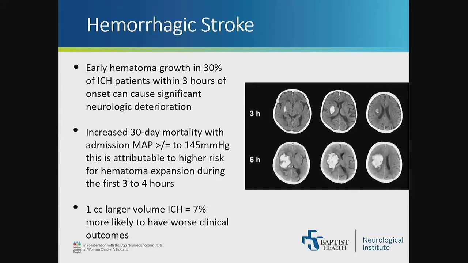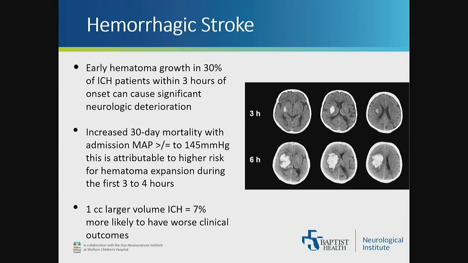Studies have conflicted over whether elevated blood pressures predispose patients to hematoma expansion after ICH. Several recent studies investigated the efficacy and safety of aggressive blood pressure lowering in acute ICH. One was the INTERACT-2 trial. Patients were treated if their blood pressures were between 150 and 220, initially within the first 6 hours of onset. It compared the aggressive group, less than 140, to a less than 180 group.